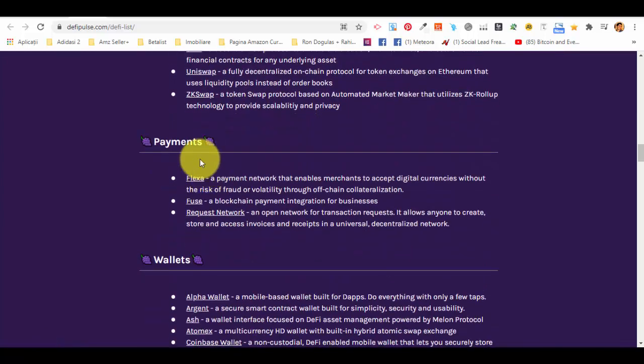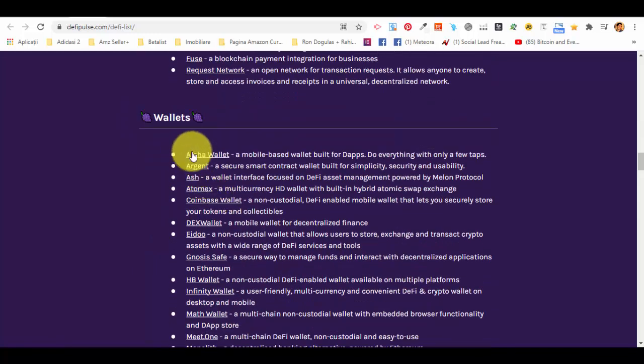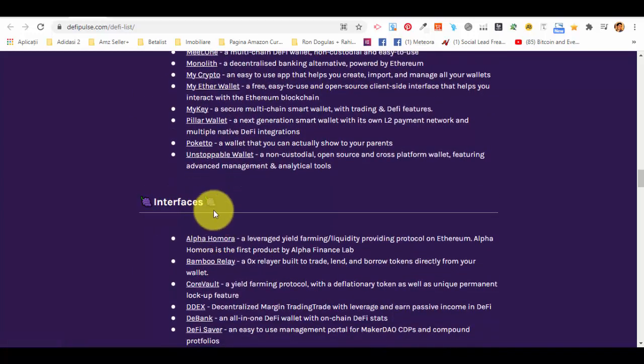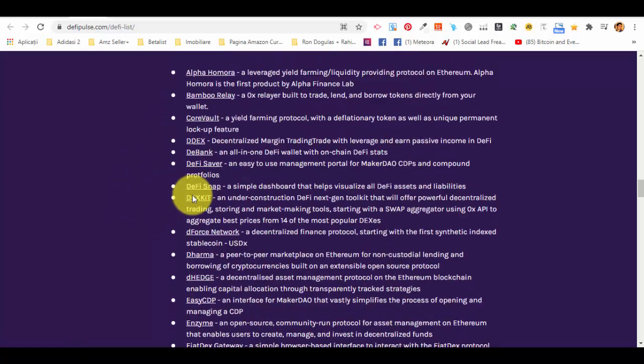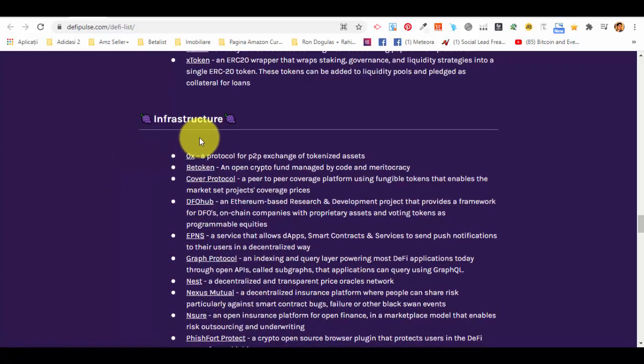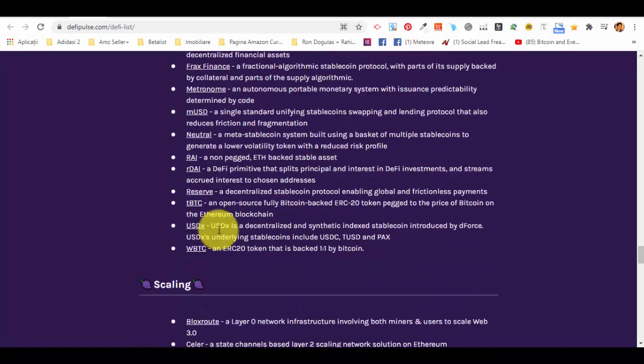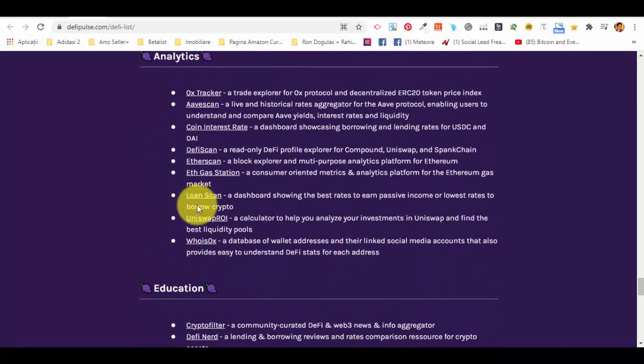Then let's scroll down a little bit: payments, wallets, interfaces, scaling and so on. You can see there are decentralized finance projects to solve a lot of types of problems.